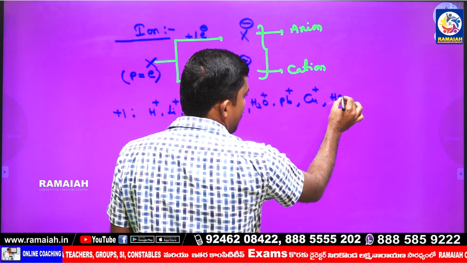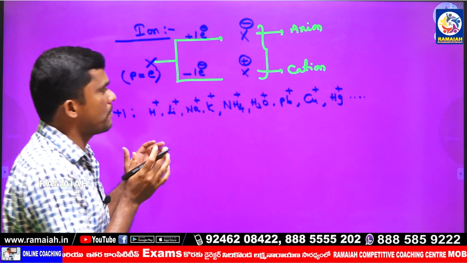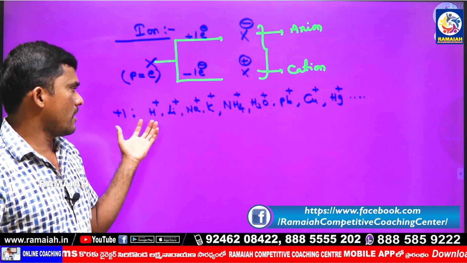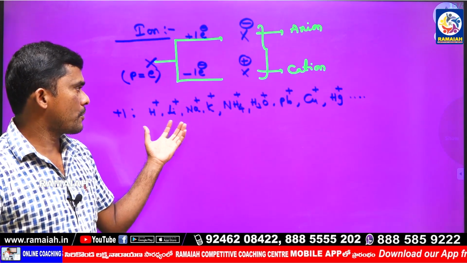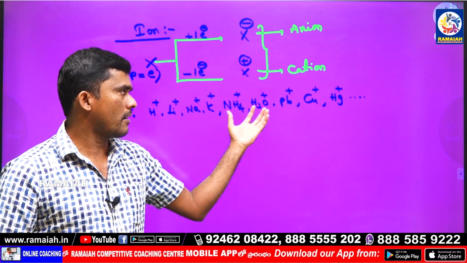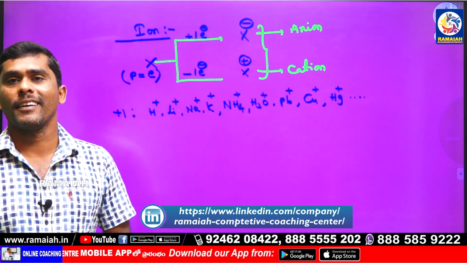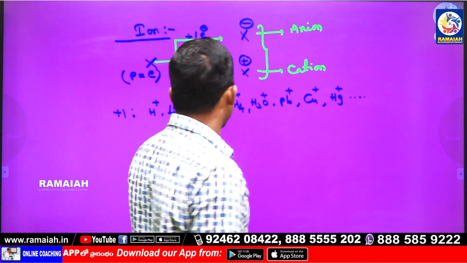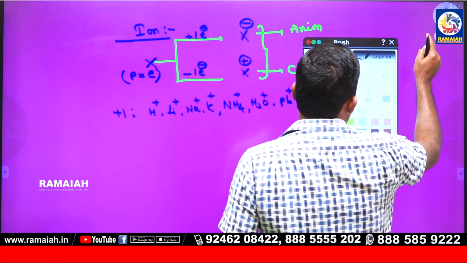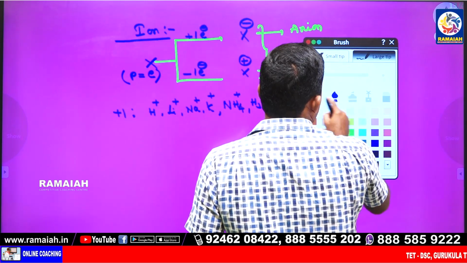Hg plus, mercury ion. These are some examples of unipositive ions: hydrogen ion, lithium ion, sodium ion, potassium ion, ammonium ion, hydronium ion, lead ion, copper ion, and mercury ion. All these ions have a positive charge.